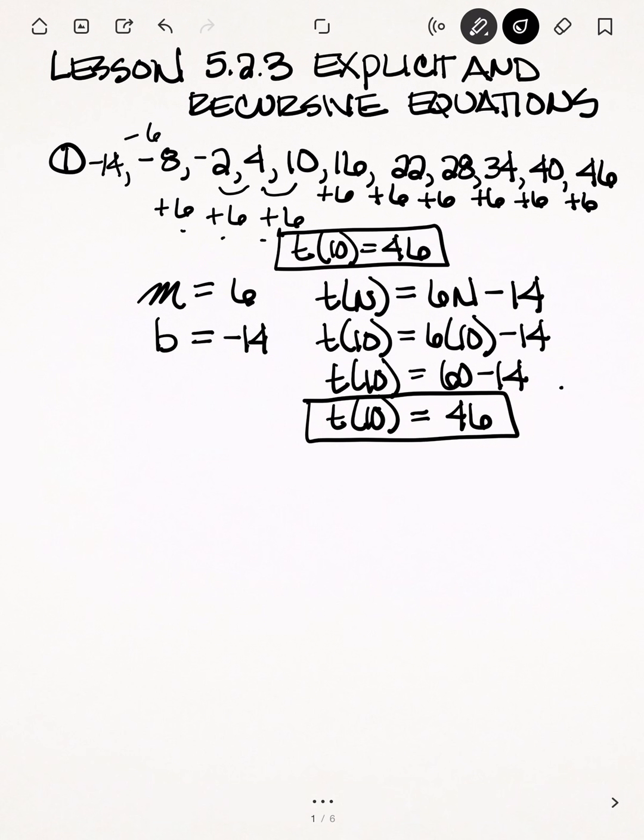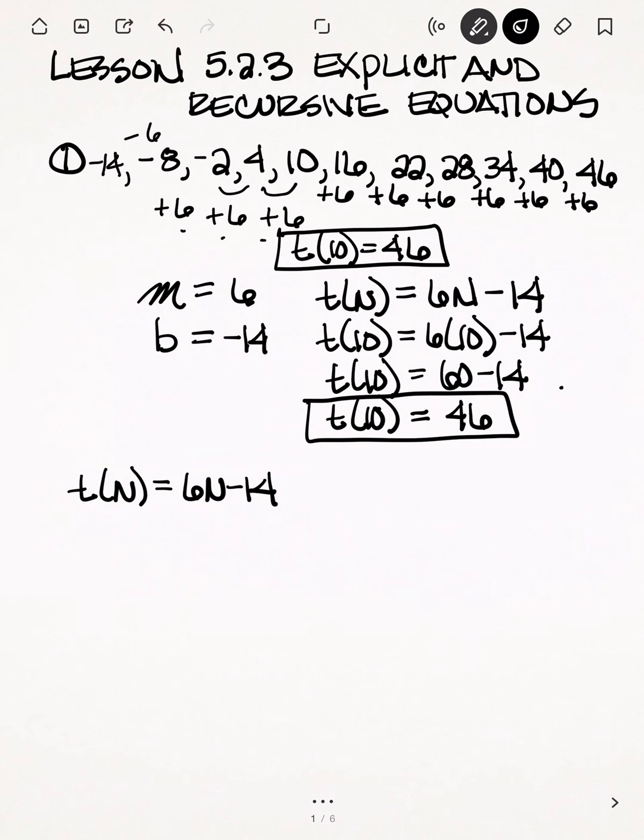Okay, on the next part, we came up with this equation. Let's talk about that equation. We have t of n is equal to 6n minus 14. This type of equation has a special name. With this equation, I could find the value of any term. If I wanted to know what the term number 517 was, I could plug in 517 into this equation and it would tell me what that term value is.